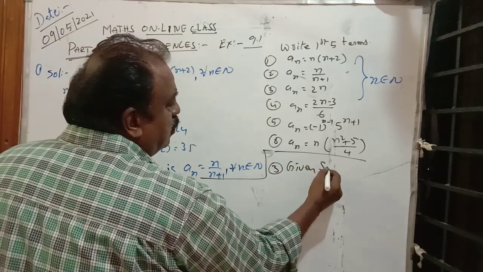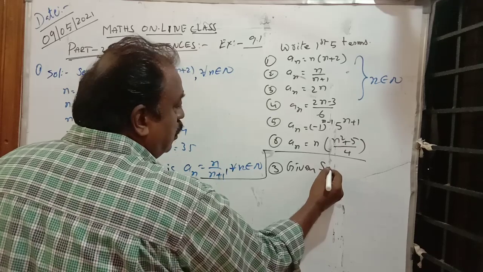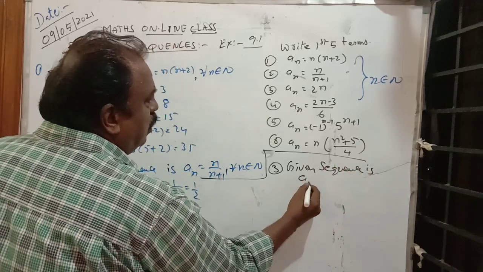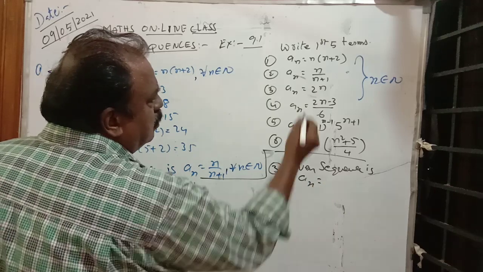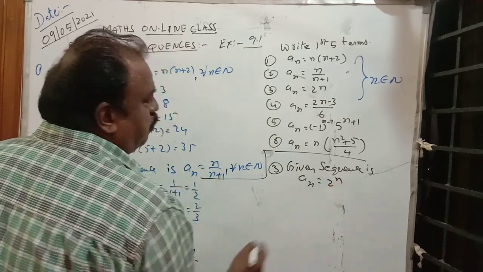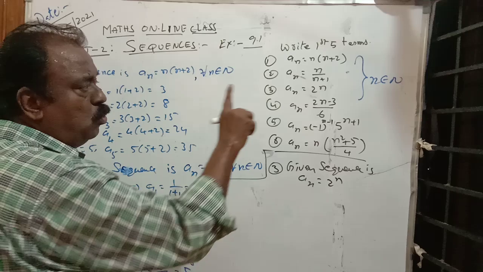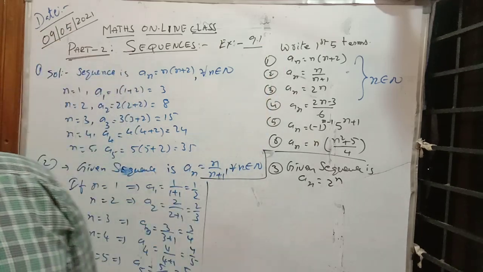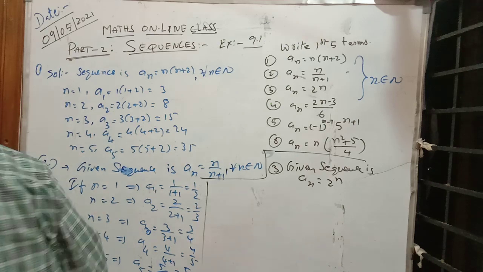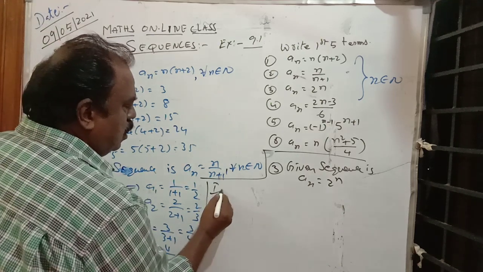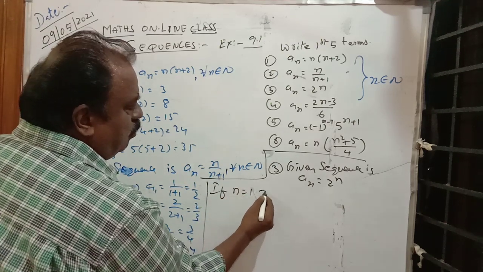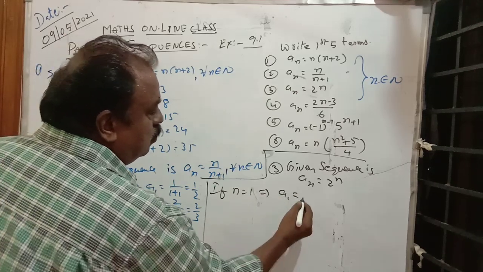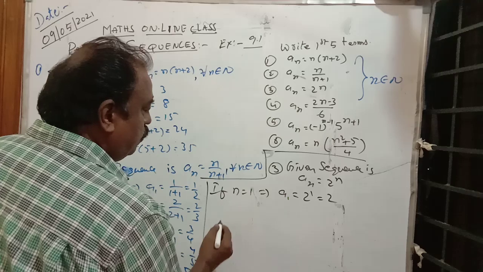Given sequence is a_n is equal to 2 power n, not 2n, it is 2 power n. You see then, if n is equal to 1, that implies a1 is equal to 2 power 1, 2.